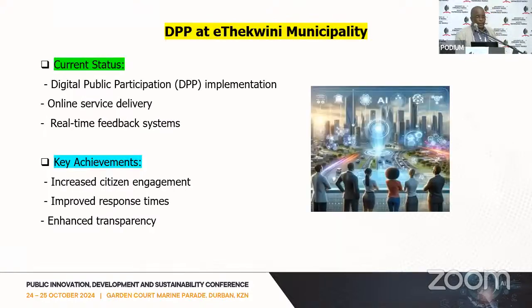The city in which this conference is hosted, which is eThekwini, has adopted the digital participatory mechanism, especially when you're looking at online service delivery. But what are the limitations of those, or what are the achievements which have been made?